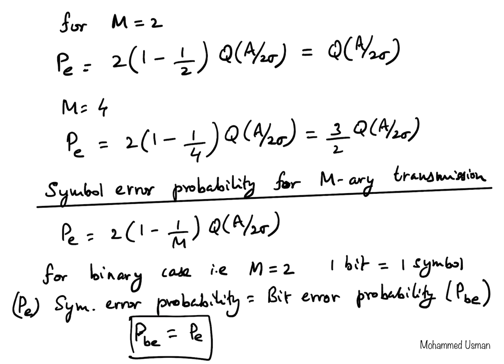Let us now develop the arguments to get a relationship between the bit error probability and symbol error probability for any value of M. And for that, we are going to make some assumption, and that would be a reasonable assumption. Bit error probability is what we are interested in finding, because we want to know what is the fraction of bits that are going to be in error if we transmit a sufficiently large number of bits.